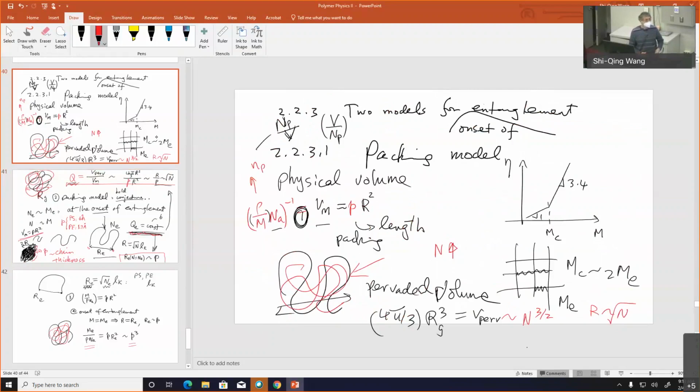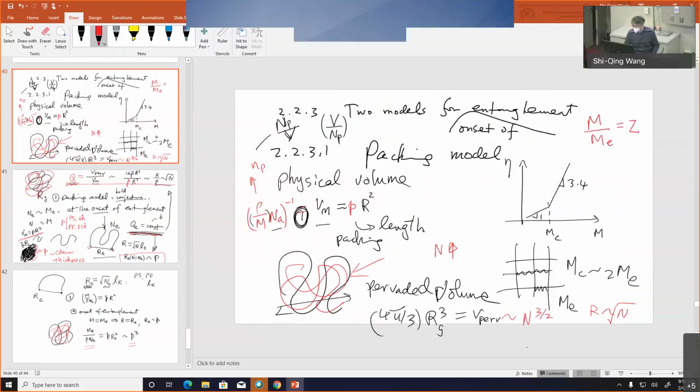So when people say my polymer is very well entangled, it immediately should translate for you that M over ME, which is often called Z in the literature, is large.